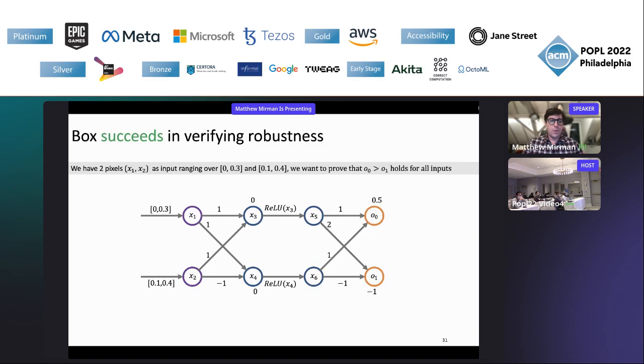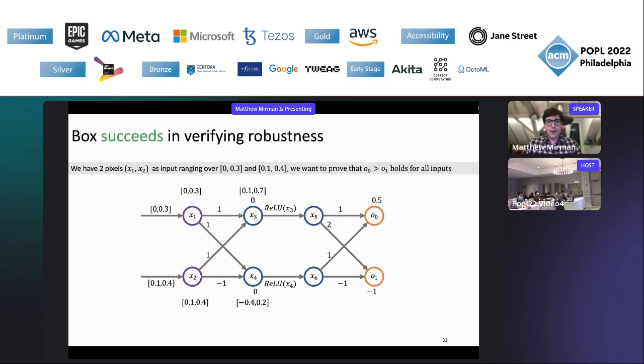So we can walk through this, and we see first that x1 is assigned the interval 0 to 0.3, and x2 is assigned 0.1 to 0.4. x3 is computed by adding x1 and x2, so we get the interval 0.1 to 0.7. x4 is computed by subtracting x2 from x1, so we get negative 0.4 to 0.2.